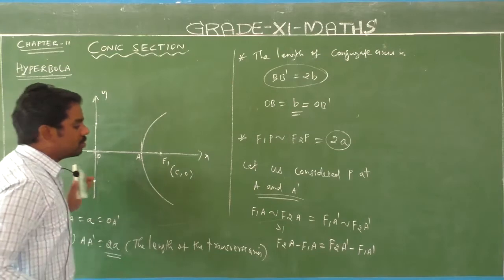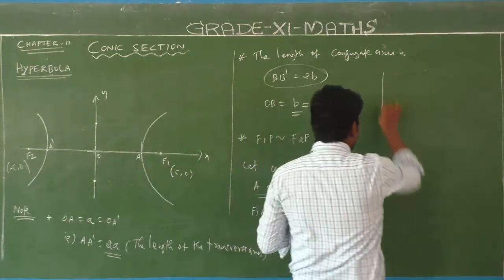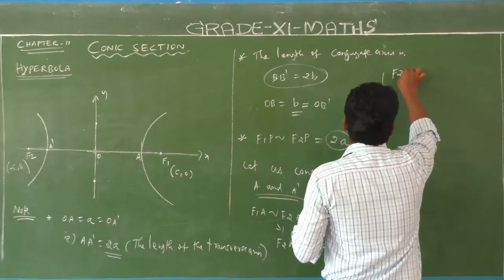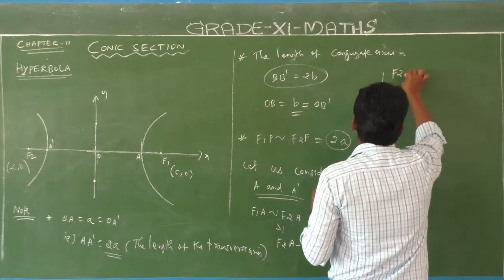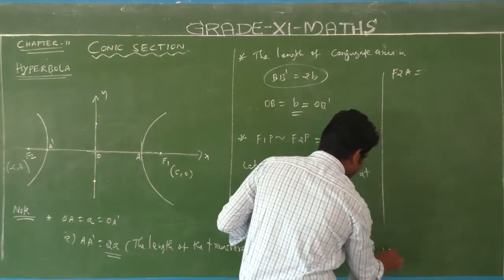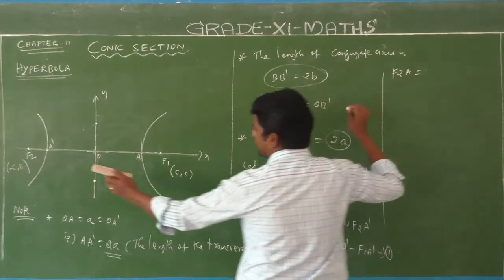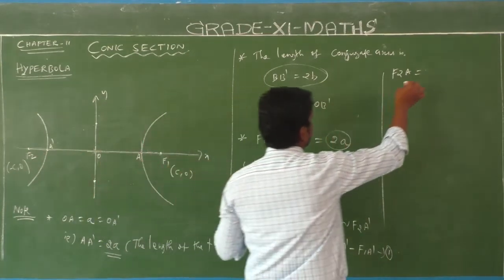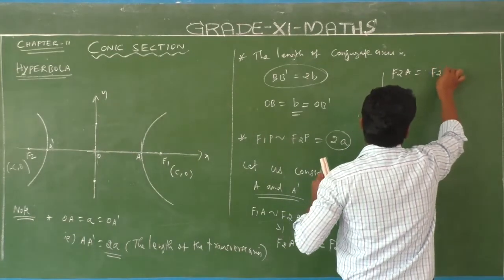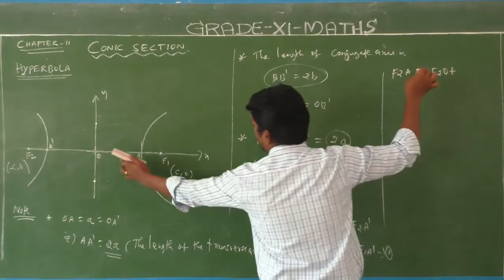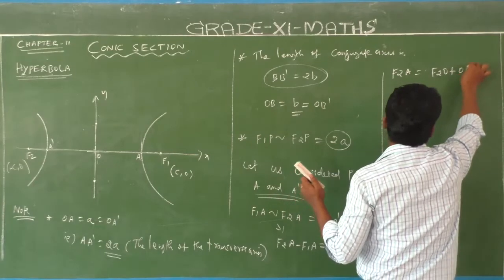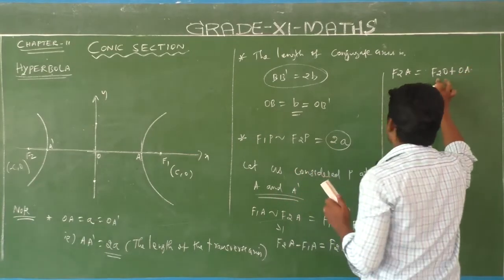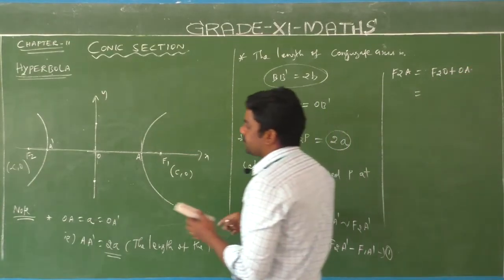This is equation number 1. F2A is equal to F2O plus OA. This is F2O.